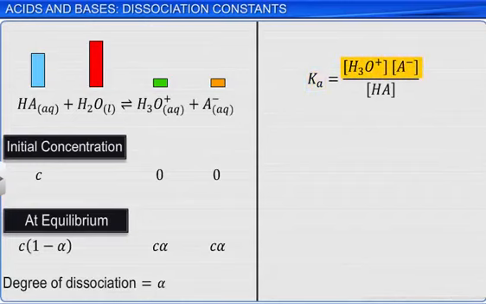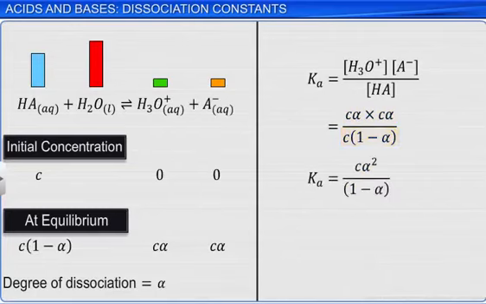Substituting the equilibrium concentrations in this equation, we get C alpha multiplied by C alpha divided by C multiplied by (1 − alpha). Thus, Ka becomes equal to C alpha squared divided by (1 − alpha). This expression helps us in calculating the degree of dissociation of weak acids when the dissociation constant is known.